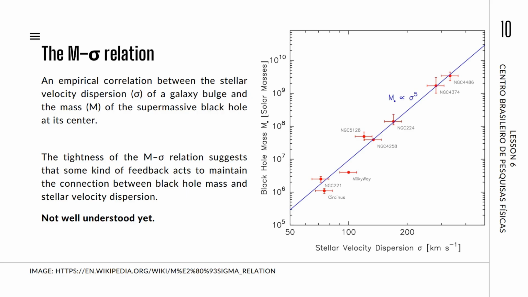Of the stars in the bulge, in the bulge. Yes, but we don't know exactly why this happens, especially because the force of gravity of the black hole, the action of this force in the bulge is negligible.